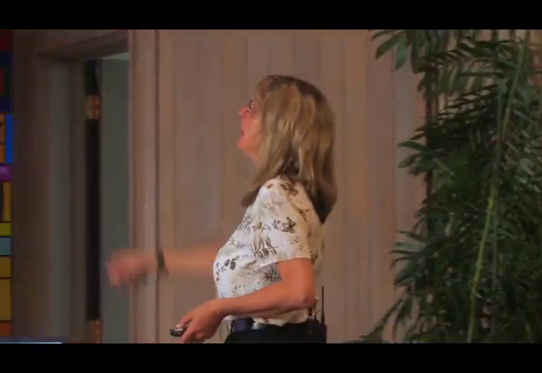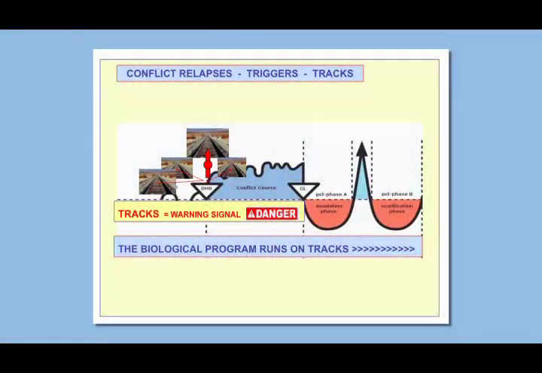Right? These components that come with the conflict shock, we call them tracks, because, like train tracks, the biological program runs on tracks established at the moment of the DHS. So it runs on these tracks.